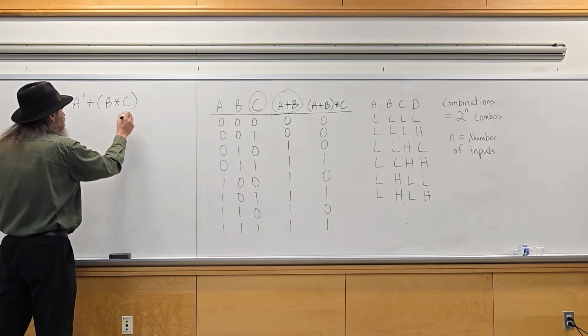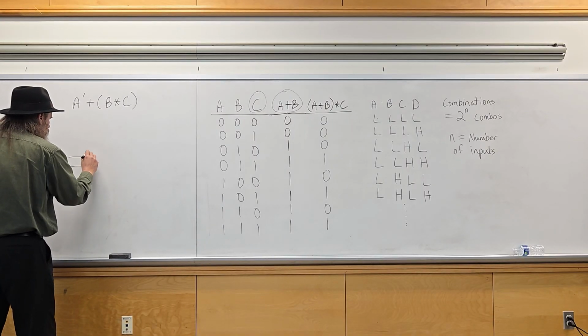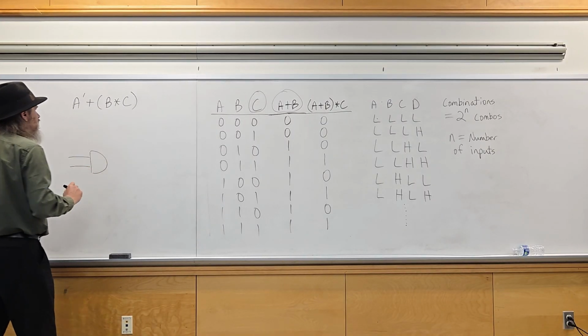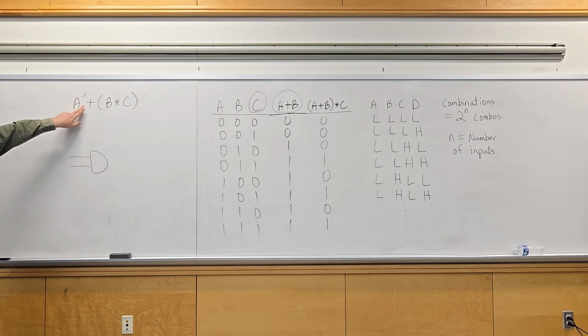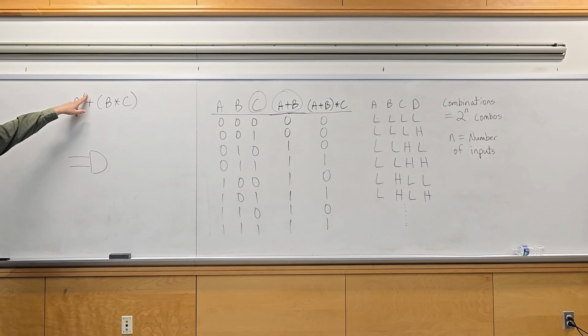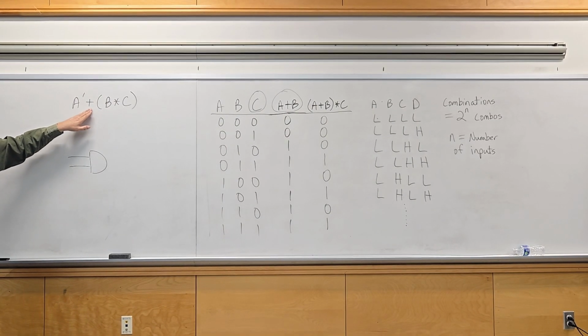So you have B and C. In Boolean expressions, you take care of inversions before you do addition or AND.